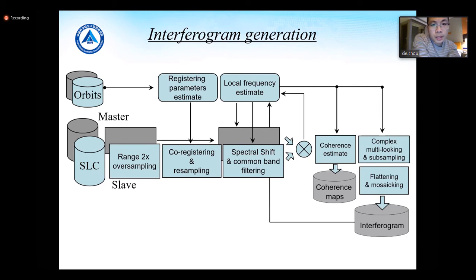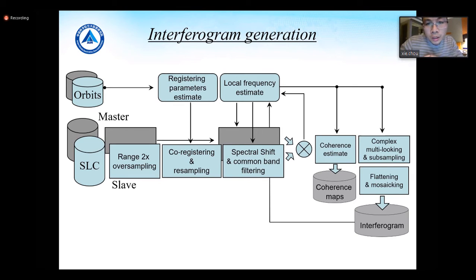To generate interferograms, we should get two SLC data, and based on the orbit information, we can register and resample the two SLC data.